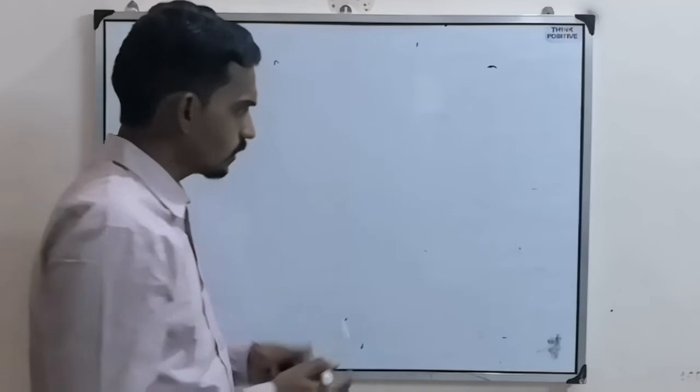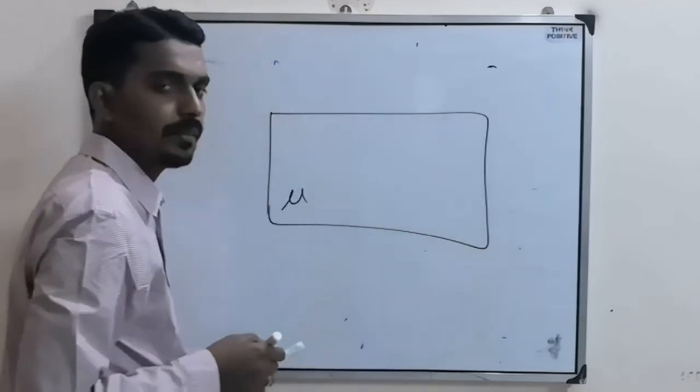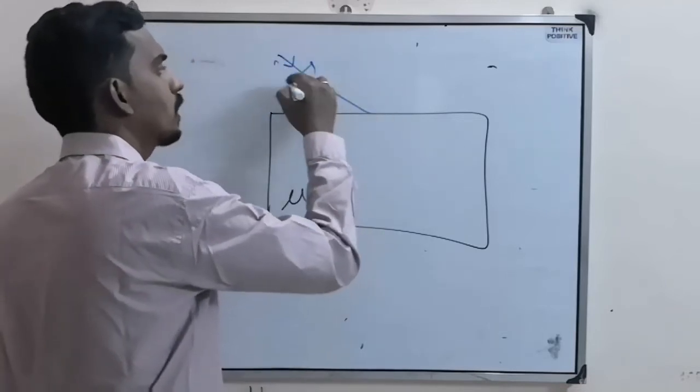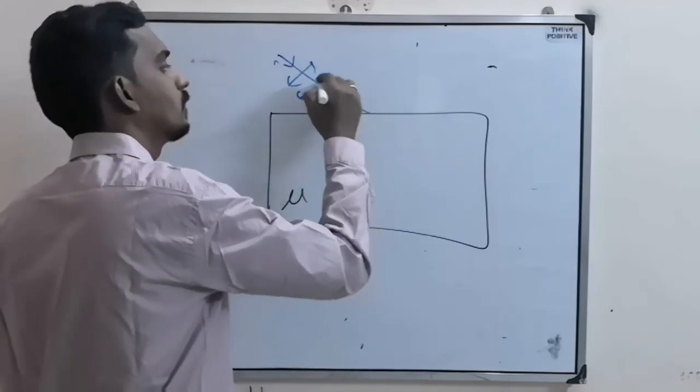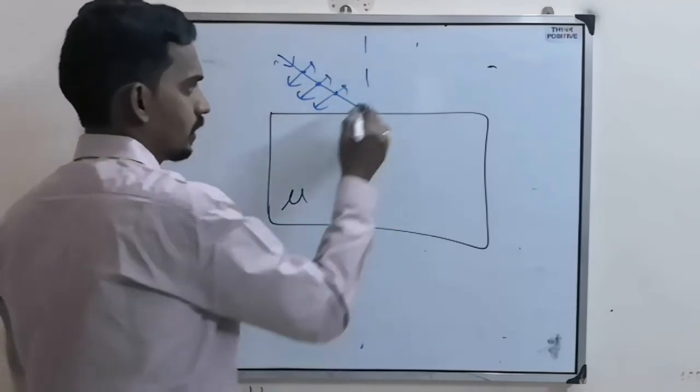after this, suppose there is a material, a substance having refractive index mu. Now, unpolarized light is coming and falling here. Then you keep changing and adjusting the angle of incidence.